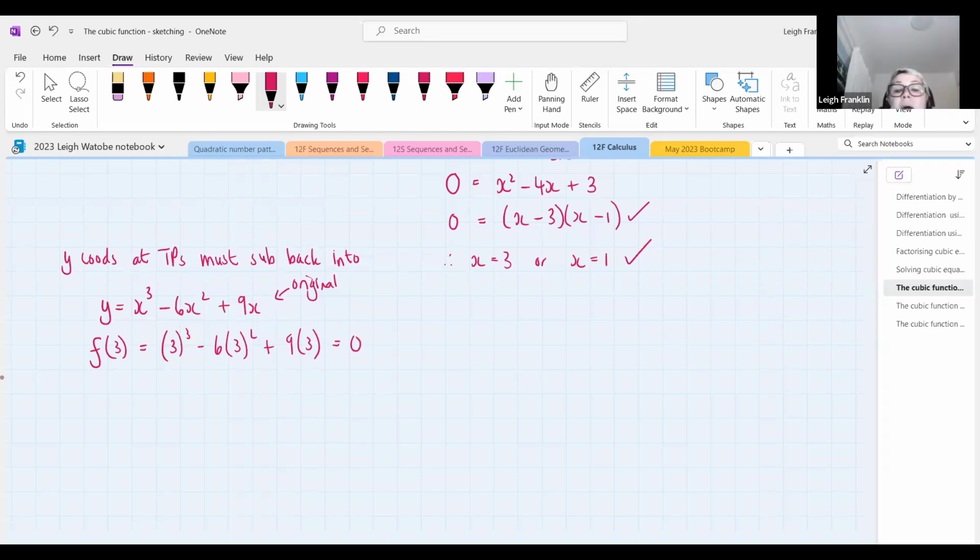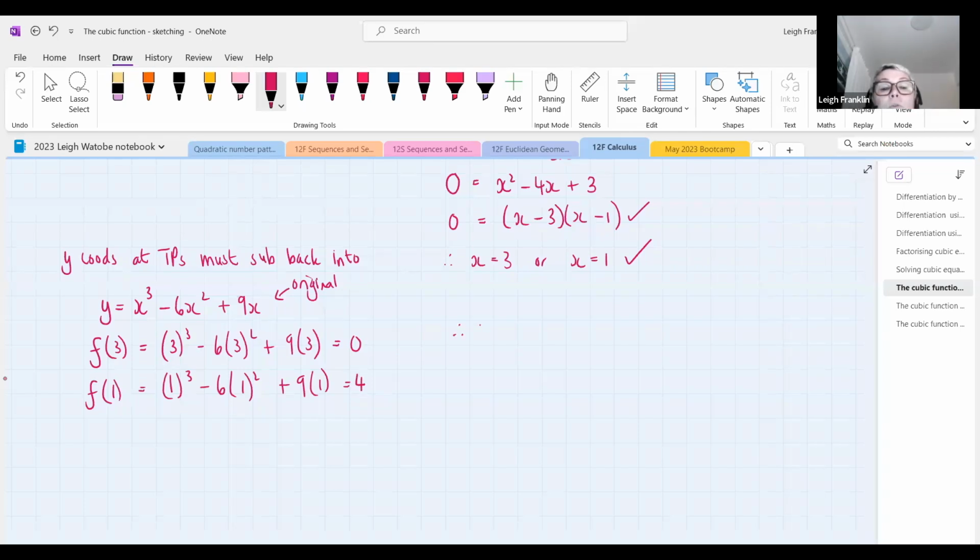What we don't have is the other one, so we need to work out what f of 1 is. That would be 1 minus 6, which is negative 5, and negative 5 plus 9 gives us 4.